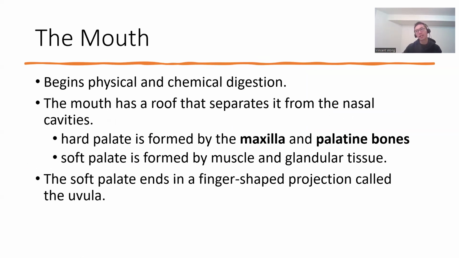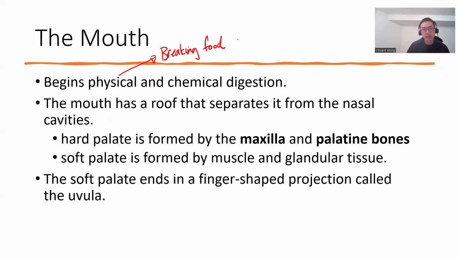Chemical and physical digestion is the same kind of definition as in chemistry. You have physical and chemical change. Physical change is not changing the substance itself, right? So in this case, it's like chewing your food, breaking it down into smaller pieces.